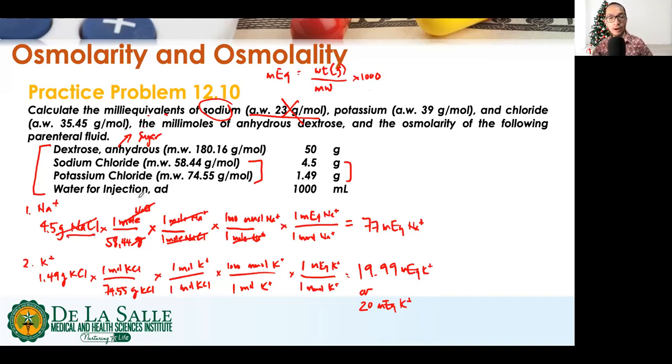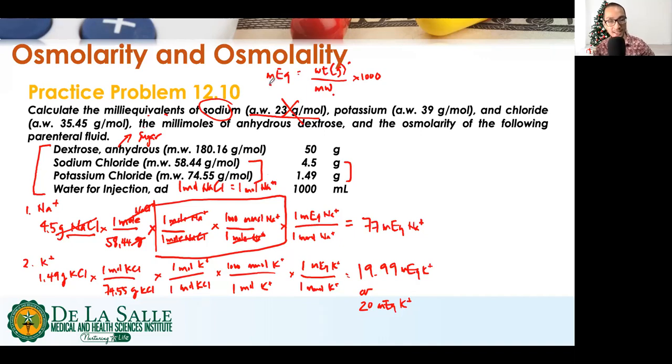Because we know that 1 mole of sodium chloride contains 1 mole of sodium ion, it means we can use the weight of sodium chloride here and the molecular weight of sodium chloride here to compute for the MEQ of sodium.